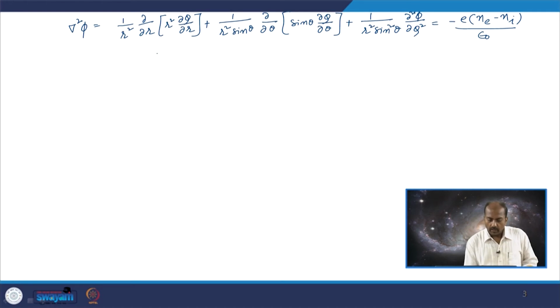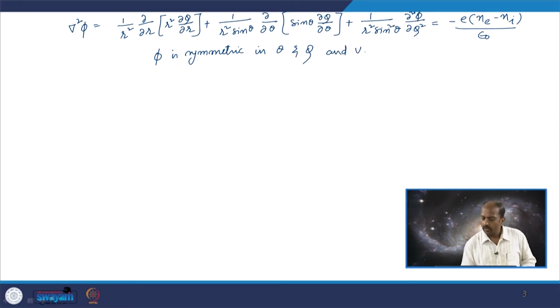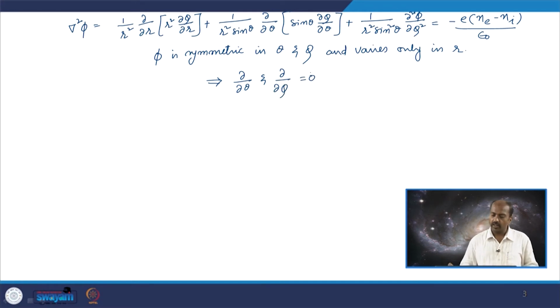So, let us say the potential phi is symmetric in theta and phi and varies only in r. That means derivatives with respect to theta and derivative with respect to phi are to be treated as 0.